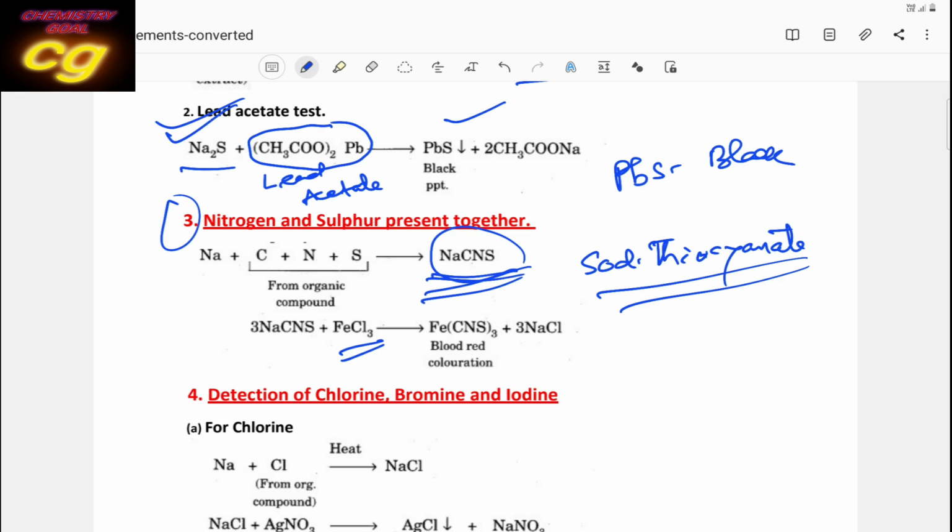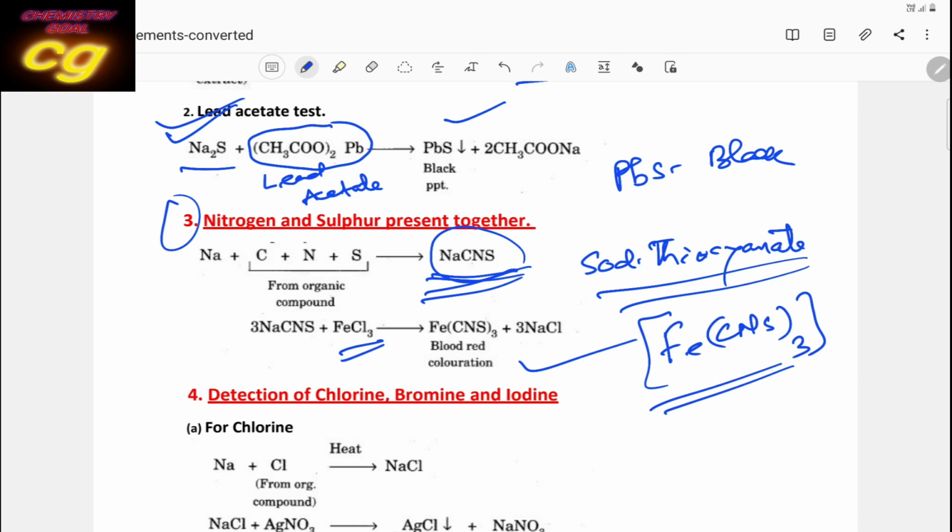So when you add ferric chloride solution, there will be a formation of blood red colored ferric thiocyanate, Fe(CNS)3.